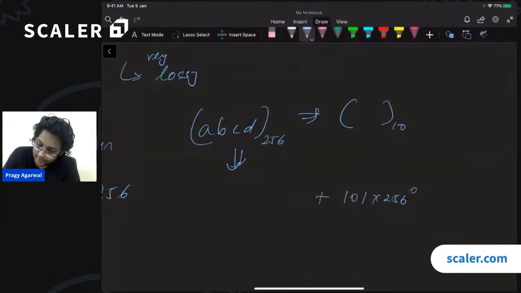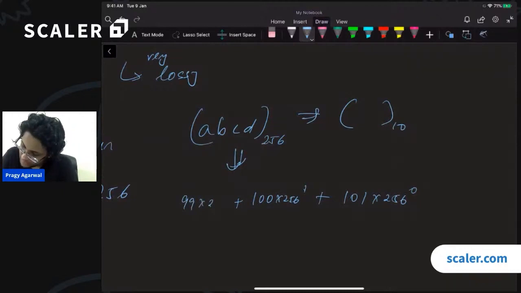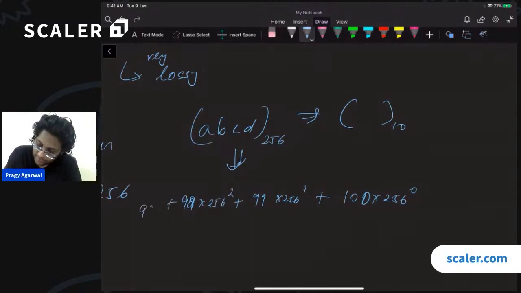Plus, what is C? It is 100 times 256 to the power 1. Plus B is 99 times 256 squared. Okay, I guess I messed up. This is 100, this is 99. This is 98 times 256 to the power 2, plus 97 times 256 to the power 3. Yes or no?